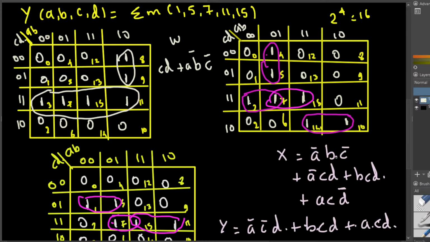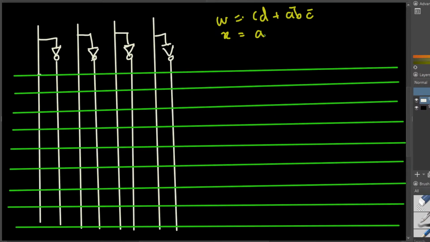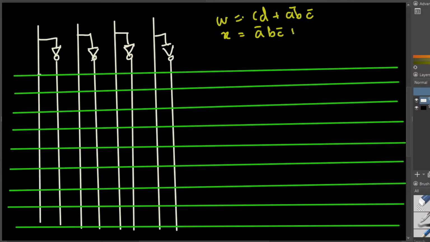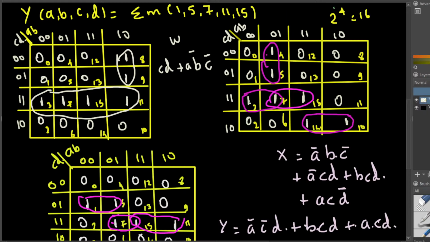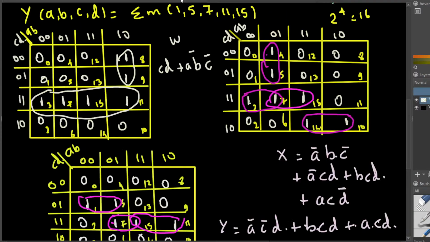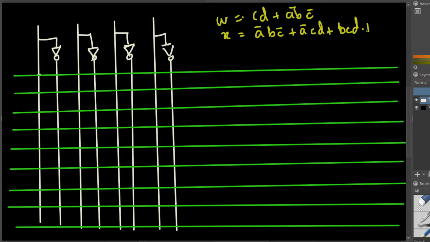A bar B C bar, and then plus A bar CD, and then BCD, and then we have ACD bar.